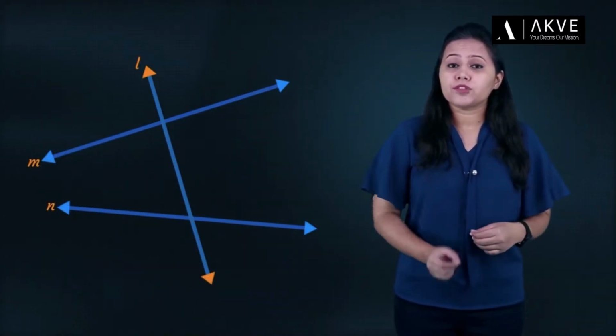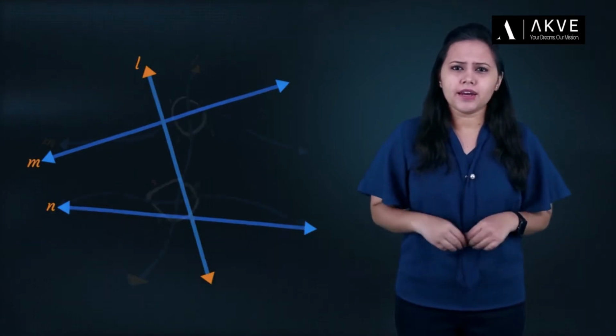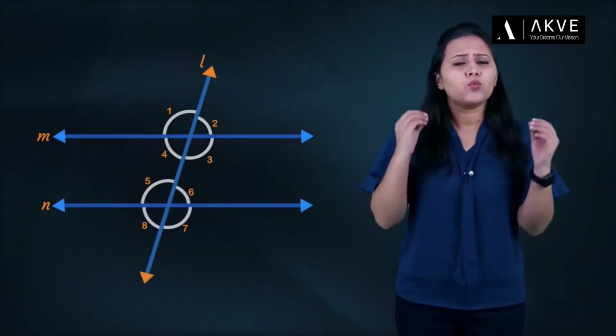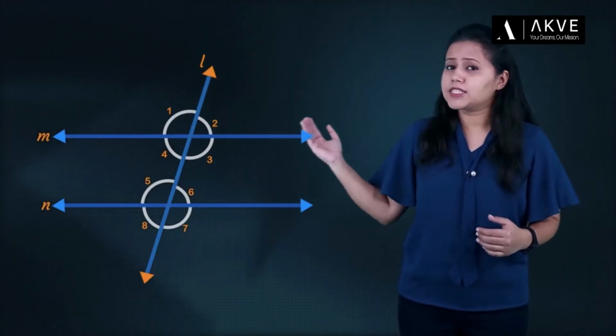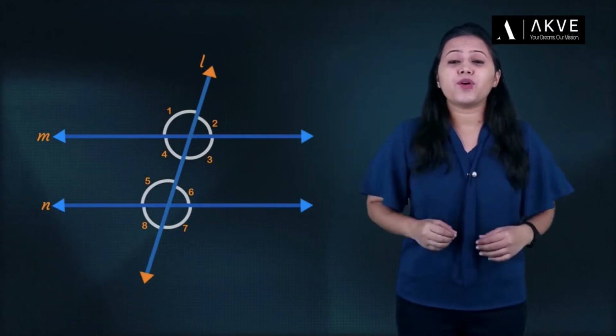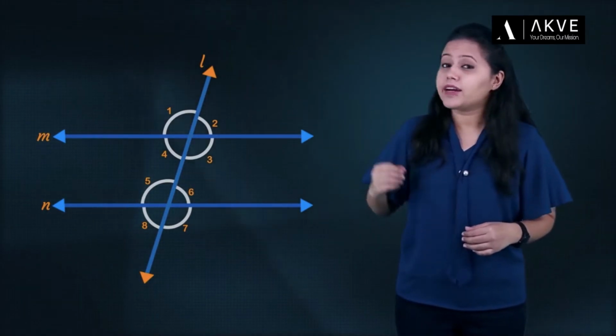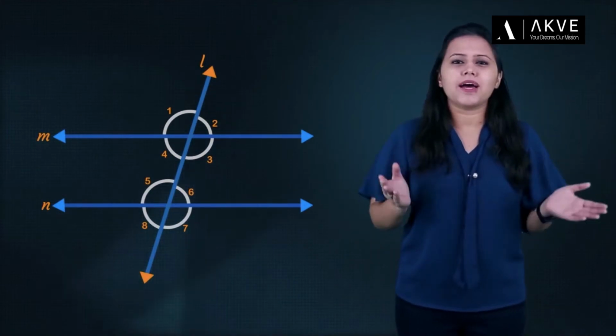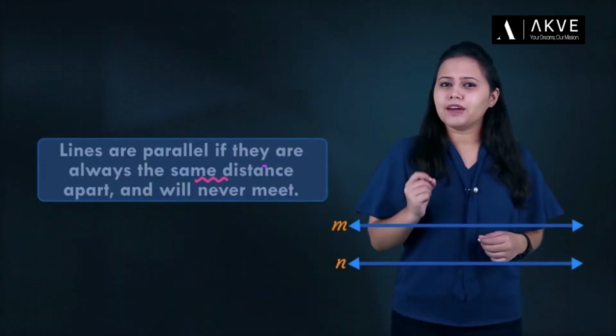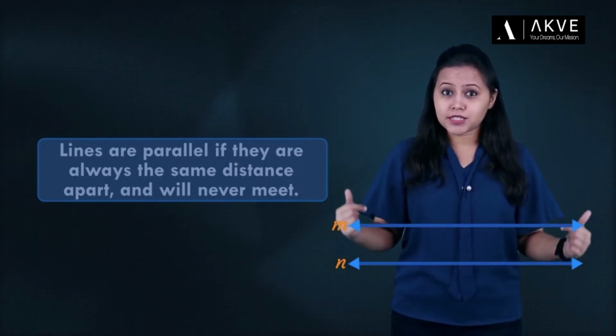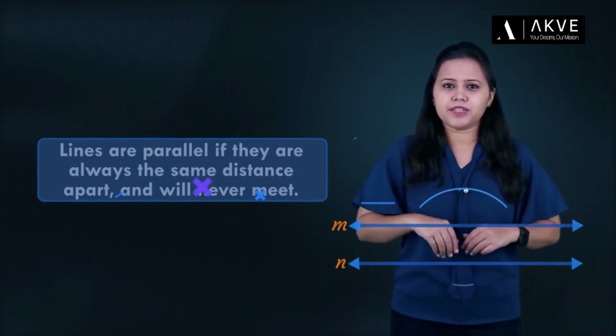Now, what if the two lines M and N become parallel? Will there be any effect on these angles? Let us find out the relation between the angles when line M is parallel to line N. We know that lines are parallel if they are always the same distance apart and will never meet.